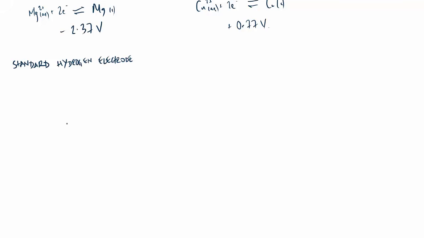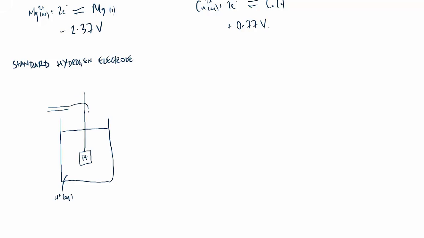We have a beaker, and that beaker contains a solution of hydrogen ions. So an acidic solution, essentially. And what we have in there is a lump of platinum. What we do is we pump into this, in a ridiculously shaped fashion, some hydrogen gas.